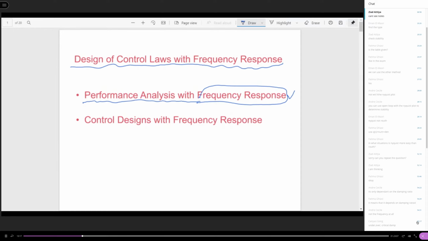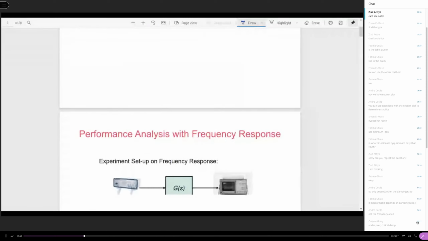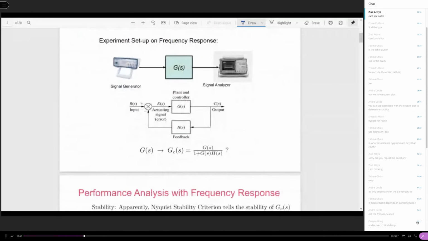For example, the transient performance is characterized with performance indices on what? On the unit step response. So we need to talk about how the performance analysis could be conducted with the frequency response. Then we're going to move to the control design. That is the content here.